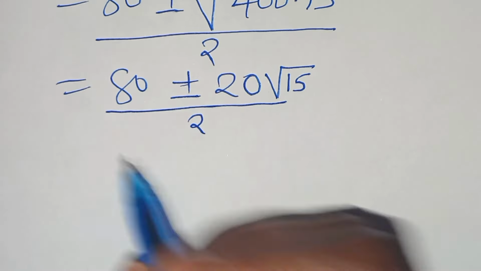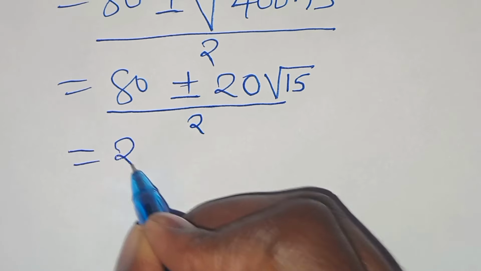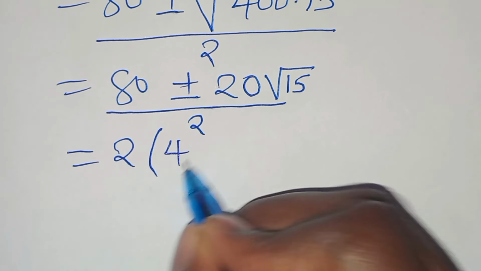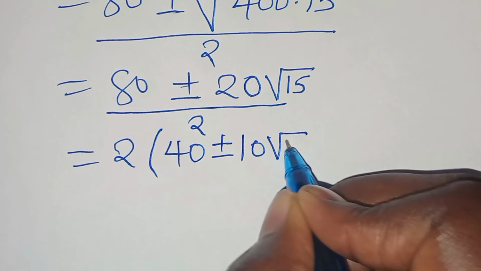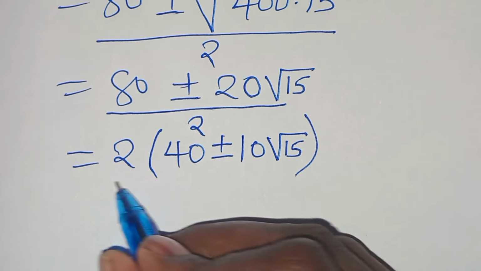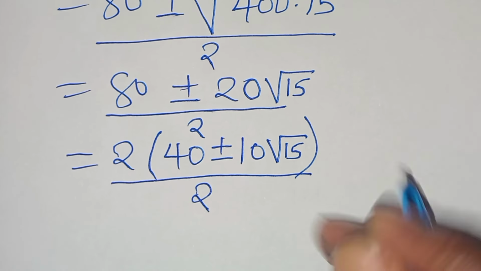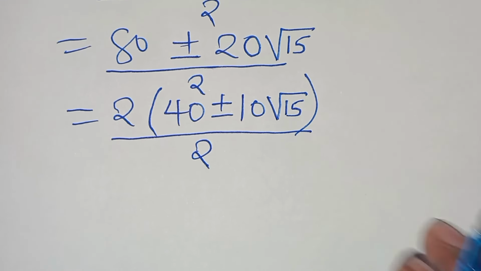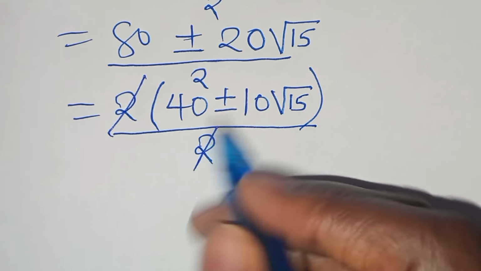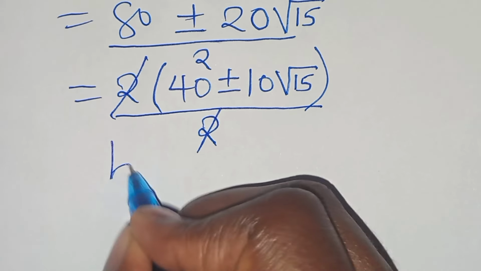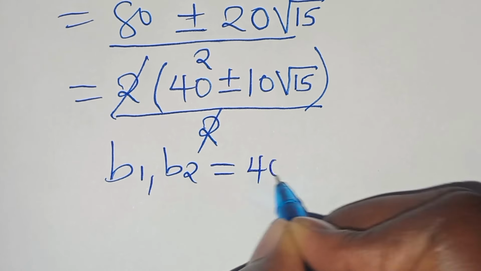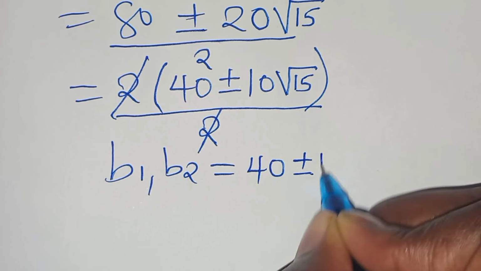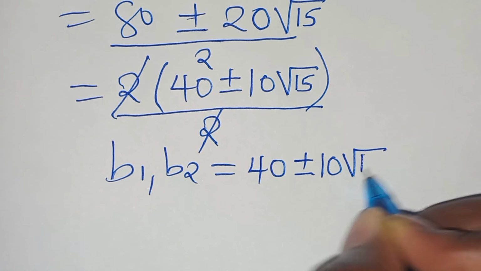In the numerator here, we have that 2 is common, so we can factor out 2 so that we have here 40 plus or minus 10 square root of 15. Everything here divided by 2. So we can simplify 2 and 2 here so that b1 comma b2, this is equal to 40 plus or minus 10 square root of 15.